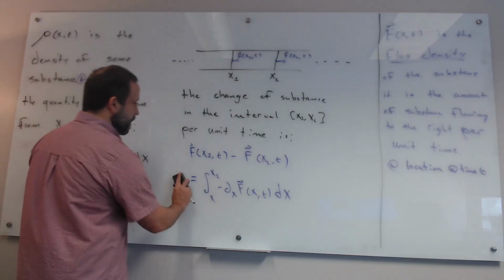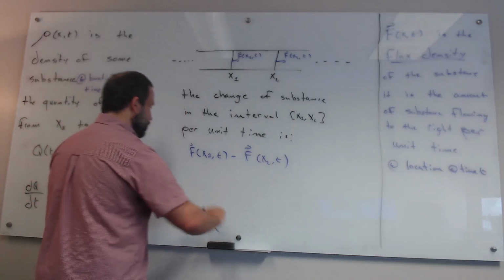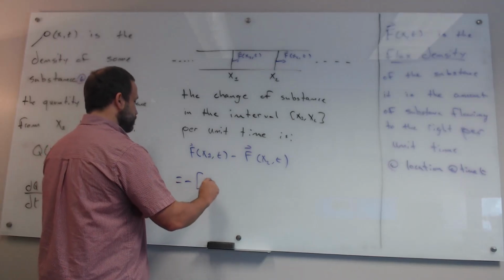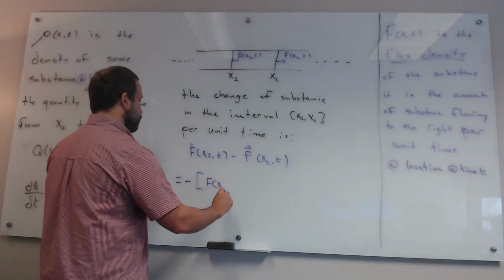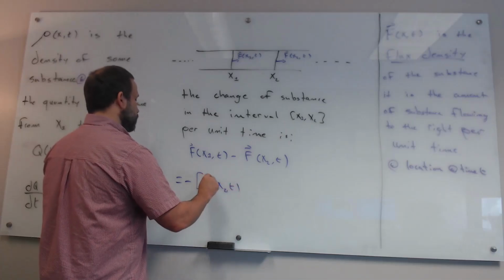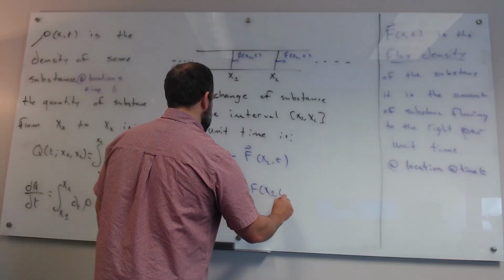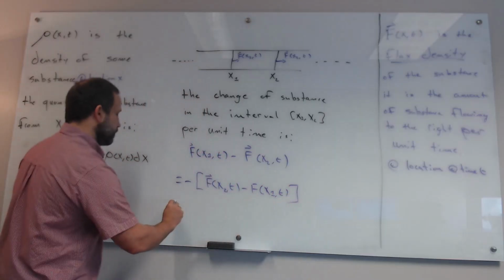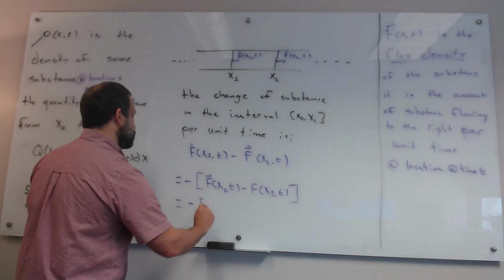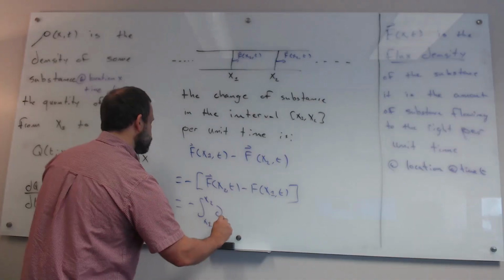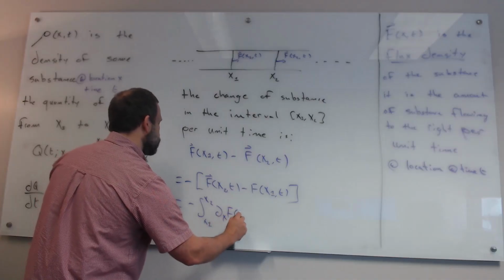Okay, if I want to do this in one more step, this is equal to minus f of x2, t minus f of x1, t. This is minus the integral from x1 to x2 times the x derivative of f.